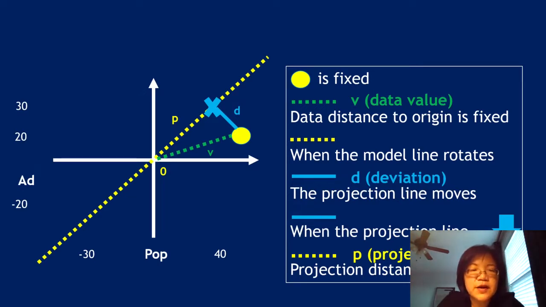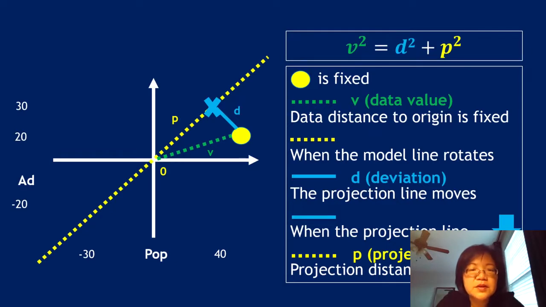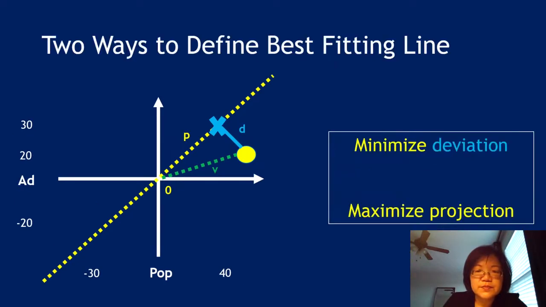So if our idea is to find a line that will maximally capture all the dots, the model will need to minimize D. However, to minimize D, we are also at the same time trying to maximize P. So those are the same optimization objectives. The reason is V squared equals D squared plus P squared. And because V is fixed, D and P will just go in opposite directions of each other.